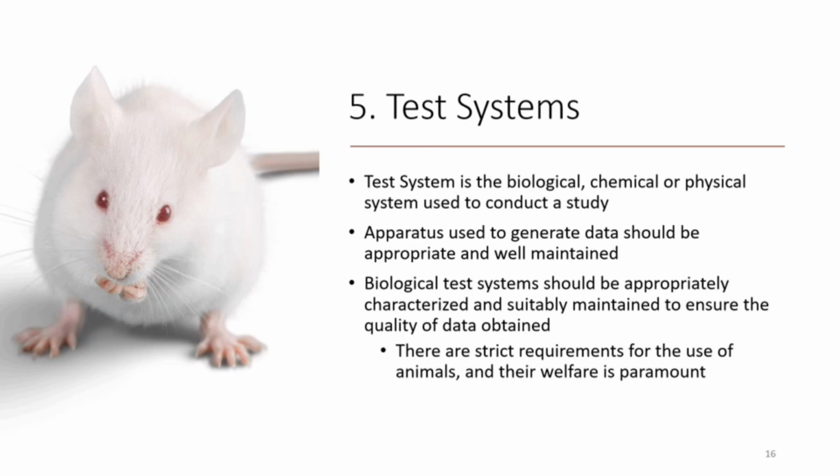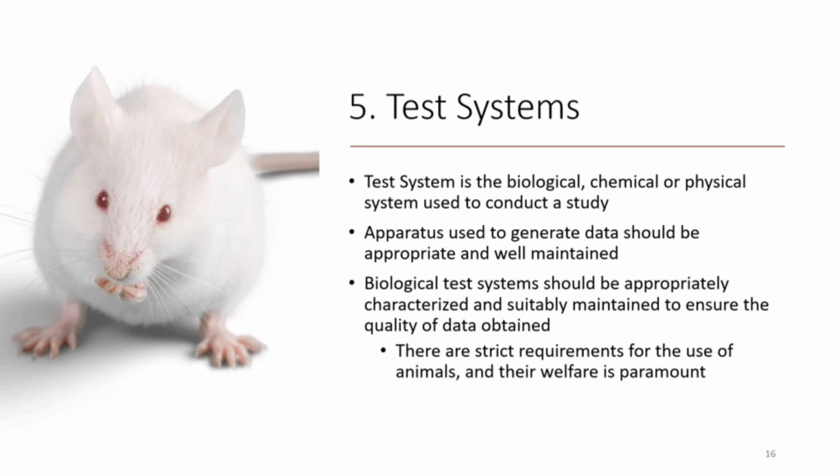Test systems. A test system refers to either the biological, chemical, or physical system used to conduct a study. So basically, test system is what is being tested upon. For example, if we want to evaluate the safety of a certain drug and we use some equipment to collect the data, then the equipment could be seen as either a chemical or physical system.